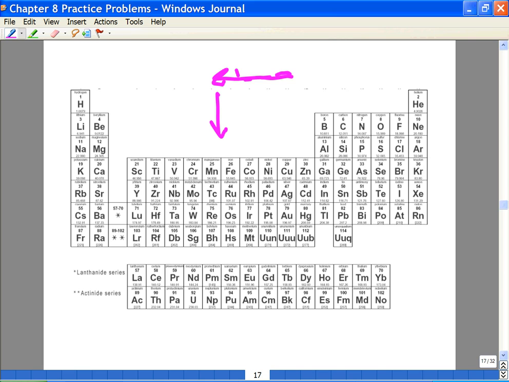So therefore, we can identify where these are on the periodic table.